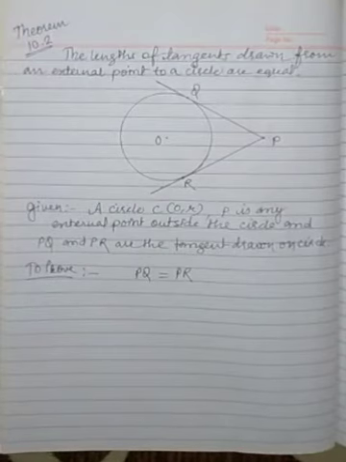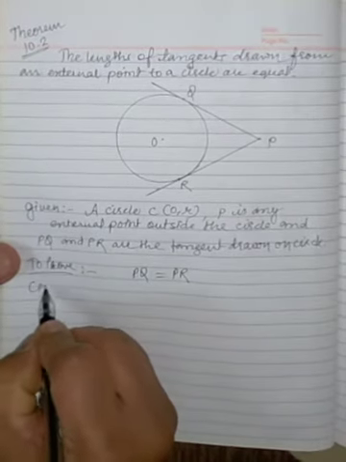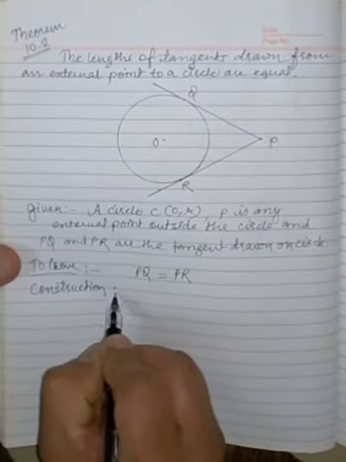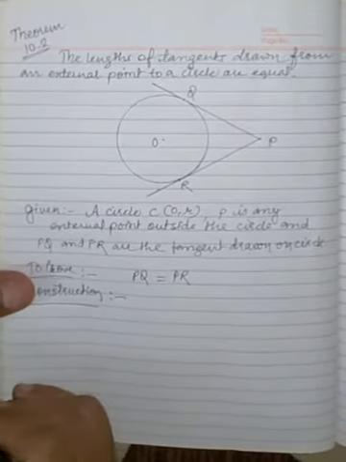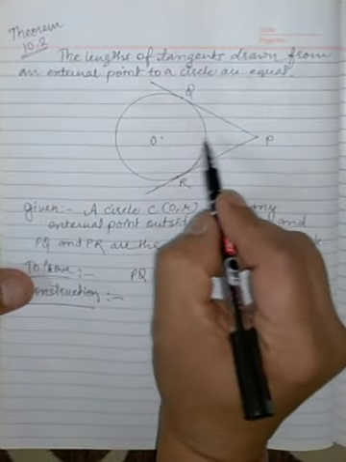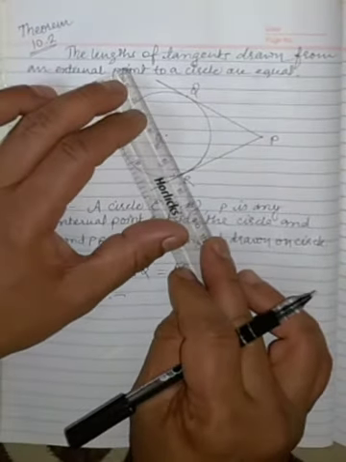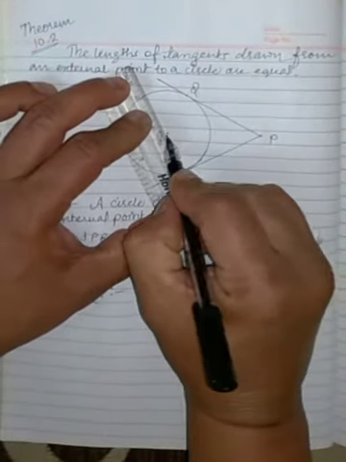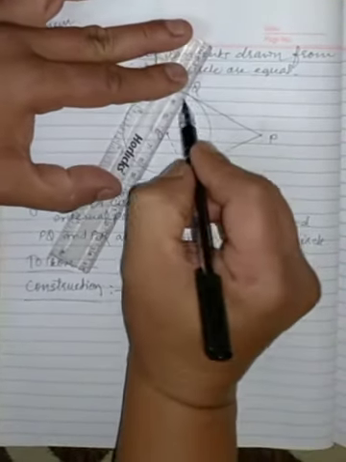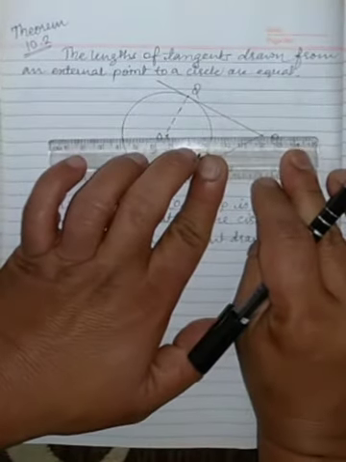Now here, as the hints are not sufficient to prove this theorem, we will do a construction. We will join OR, OQ and OP.